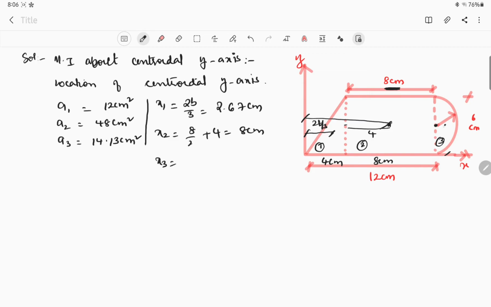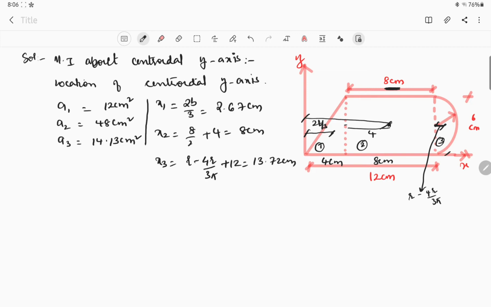This distance, highlighted with black color, is given as r minus 4r by 3 pi. This distance is r minus 4r by 3 pi plus 12, which is equal to how much we got? We'll get it as 13.72 centimeters.